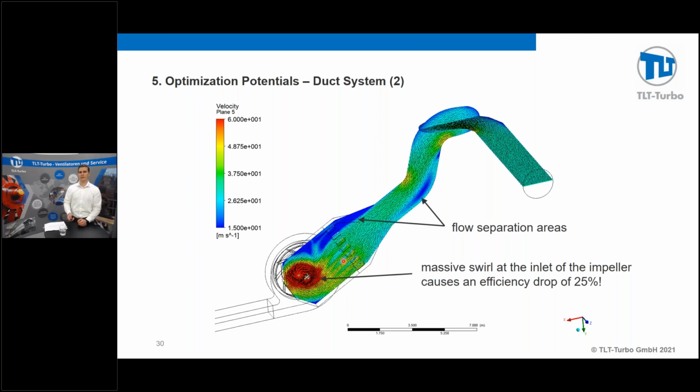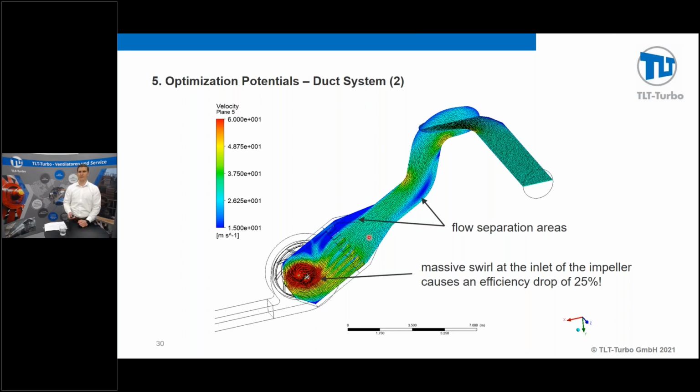And this then led to a massive swirl in front of our impeller, which caused an efficiency drop and also a pressure drop of about 25%. So that was, of course, a huge amount.